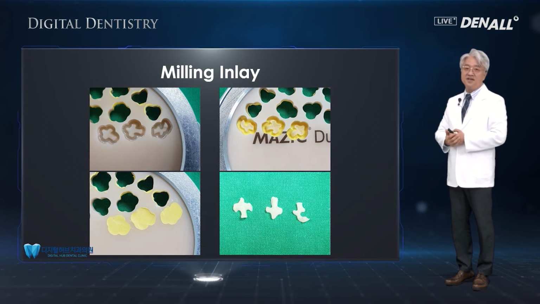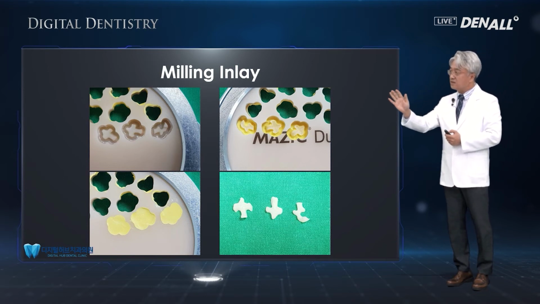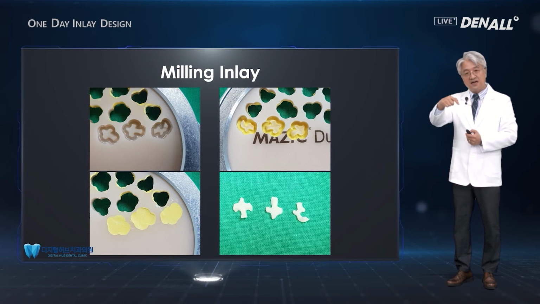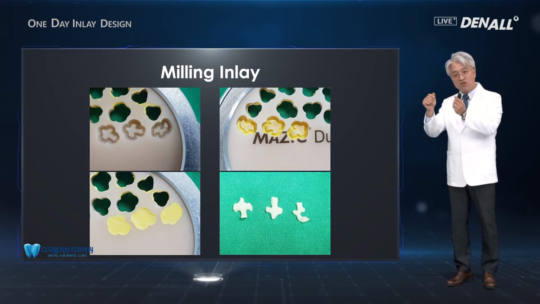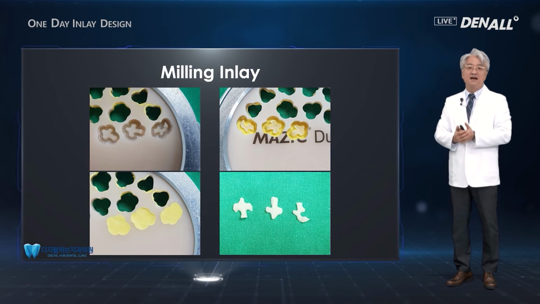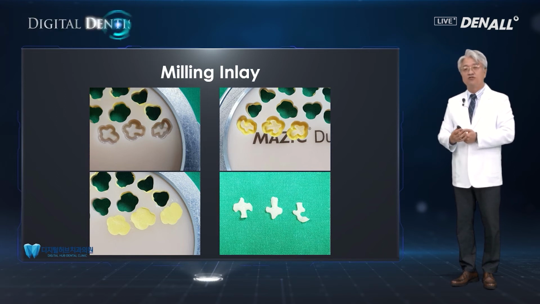So two-step milling is used to make the inlay. And the advantage here is that after completing the inlay, you just remove the stone, then you can just deliver the completed inlay to the patient's mouth. So very easily. So since a few years ago at our clinic, we like this inlay production step.